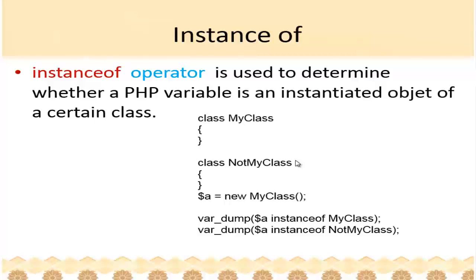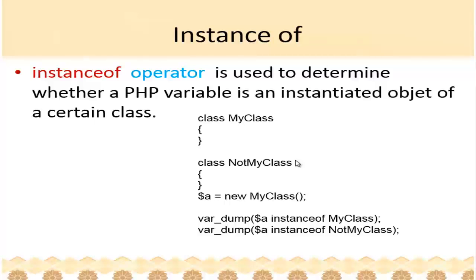The next one is the instanceof operator. This operator exists in almost all programming languages and has the same meaning as in the other programming languages. Instanceof is used to verify whether a given object is an instance of a class. For example, I have two classes here, MyClass and NotMyClass, and I can check whether the object that is created is an instance of something.